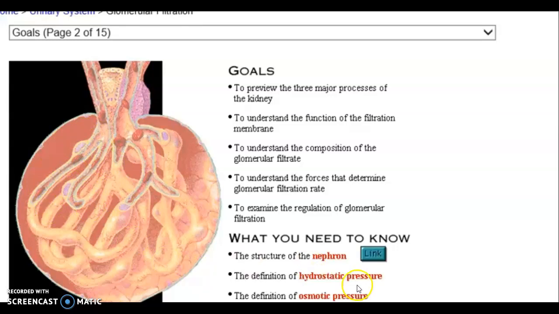Whereas osmotic pressure is the pressure of how water moves in either an isotonic, hypotonic, or hypertonic solution. If you remember, water always goes from a high concentration to a low concentration, and that's our definition of osmosis. It is the diffusion of water.